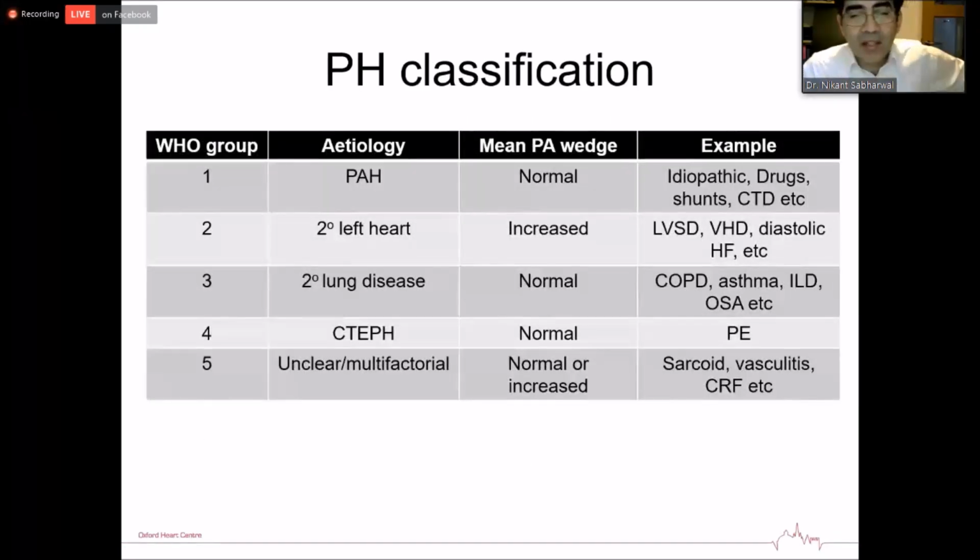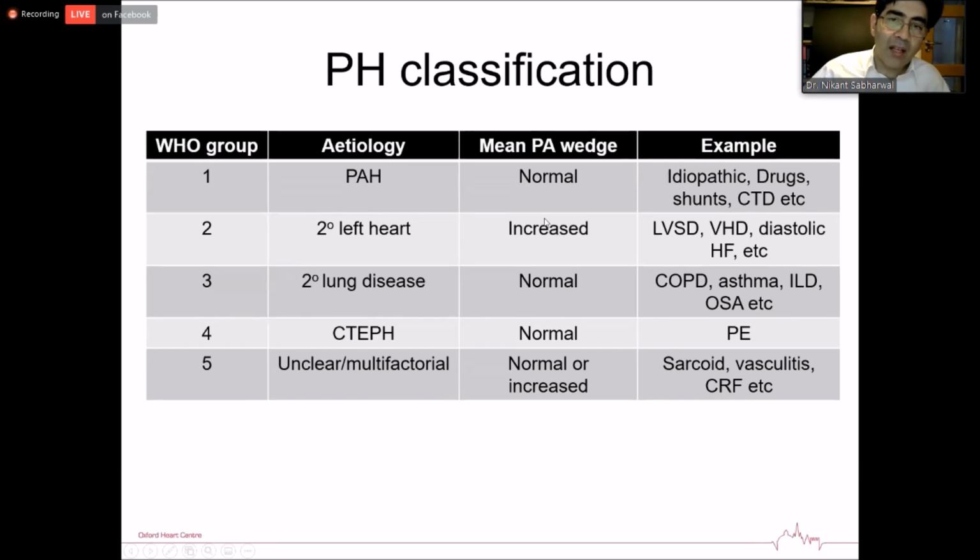So the basic classifications you'll all know about: class 1 is pulmonary arterial hypertension, secondary to left heart disease for class 2, class 3 is the lung disease, the chronic thromboembolic pulmonary hypertension, and the unclear versions. And the important point from this slide is working out the pulmonary artery pressure, knowing what the wedge pressure is.